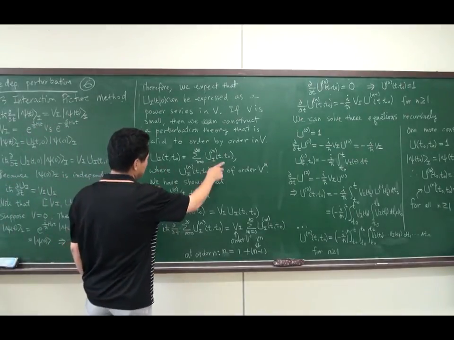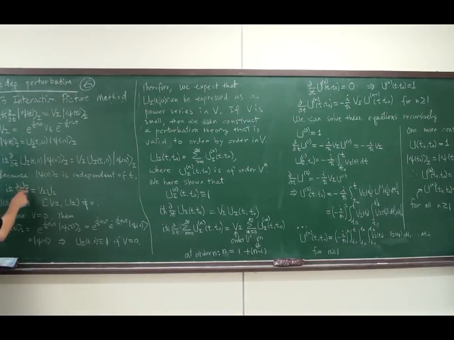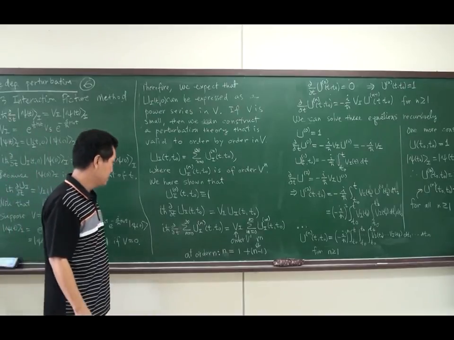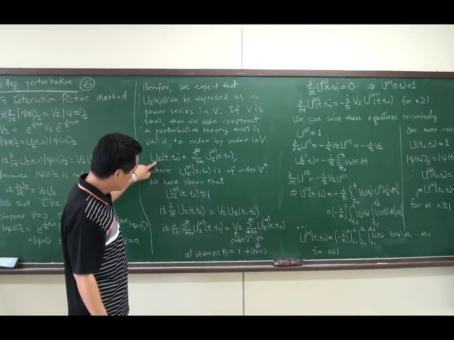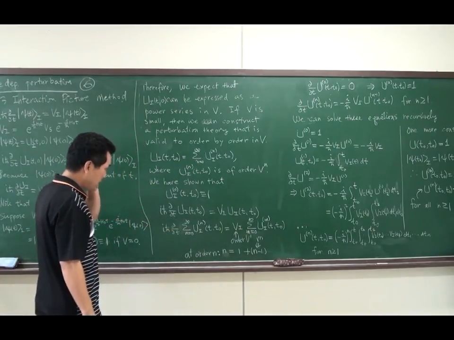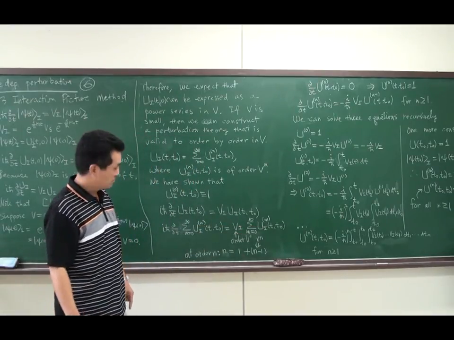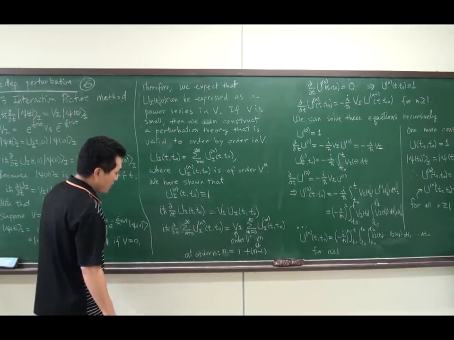Let us substitute this series expansion into our original equation of motion. We observe that Ui has a power series, and I have an additional V on the right hand side. So the two powers differ by a single power in V. If we substitute this series expansion, I can use a dummy variable n on the left, and on the right hand side I use a different dummy index m.